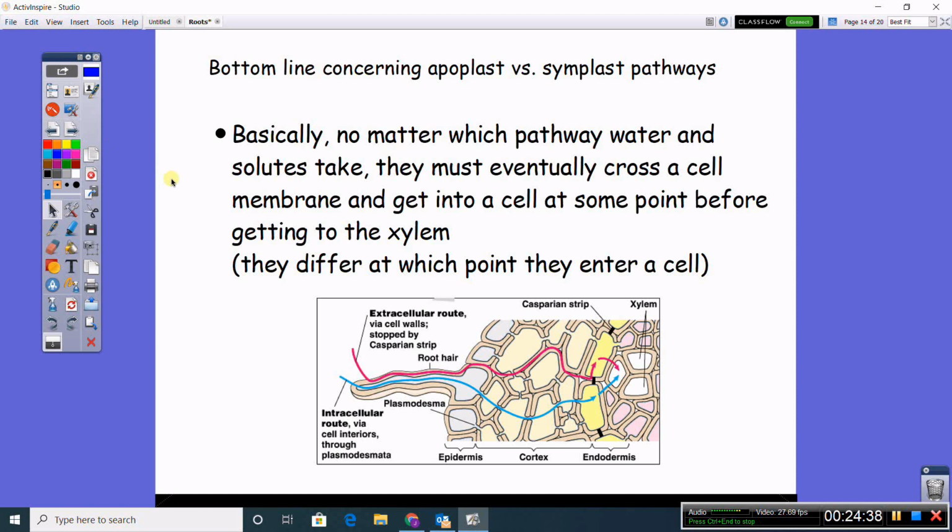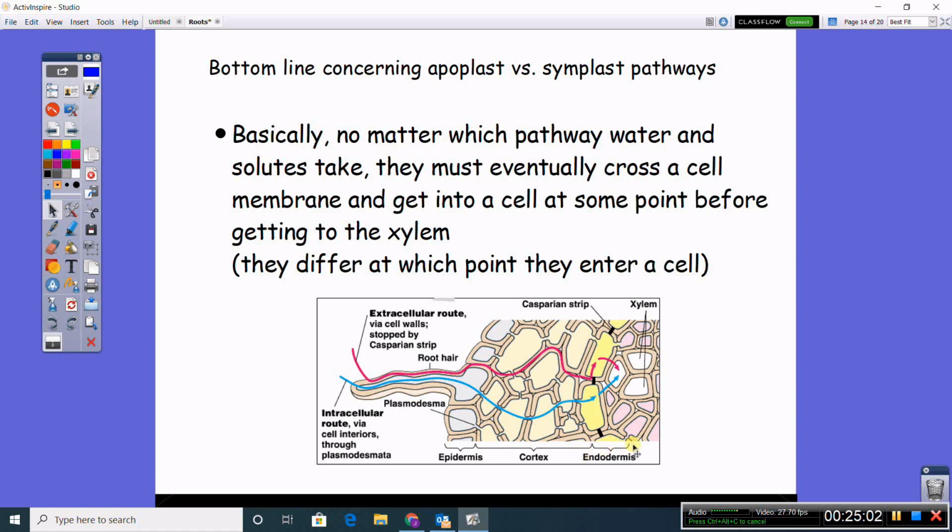Okay, so far, in tracing this droplet of water, it enters the epidermis, then it passes through several layers of the cortex. So epidermis, could be coming in through a root hair, but that's still part of an epidermal cell. It's going to pass through several layers of the cortex, and then it's going to enter the endodermis.